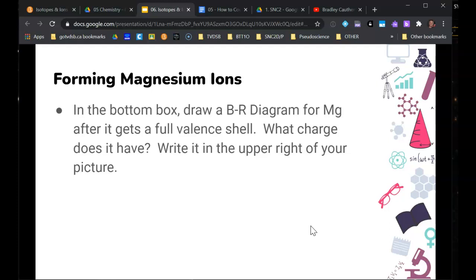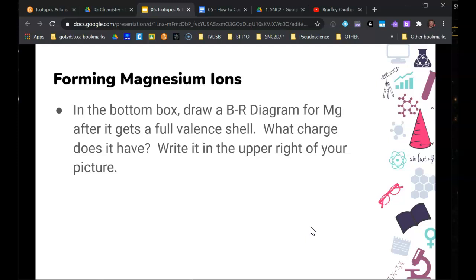Well, if it loses 2 electrons, that means it now has an empty outer shell, which means the shell underneath is the full shell. And that has 8 electrons in it. So if magnesium loses 2 electrons, how many electrons does it have in the outer shell? It has 8. All right.